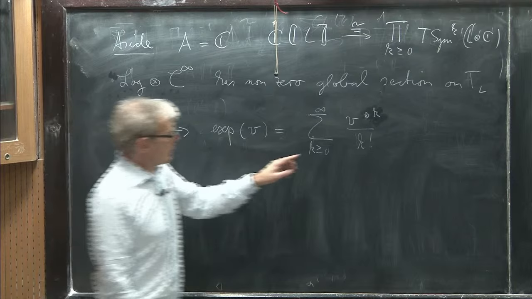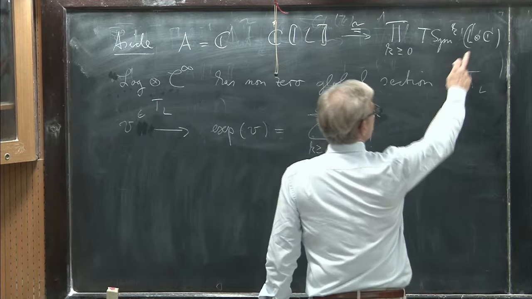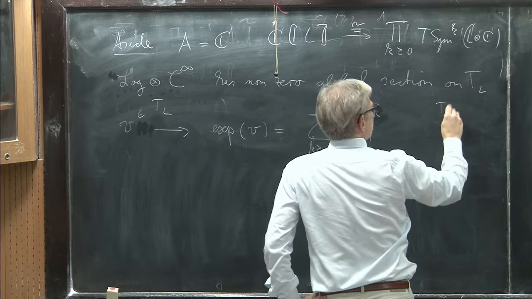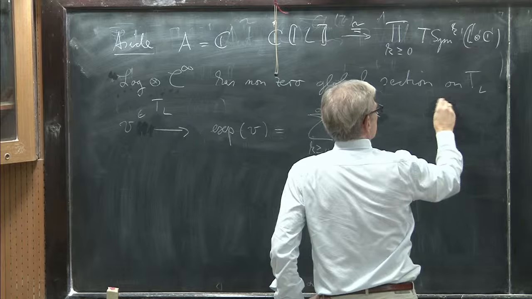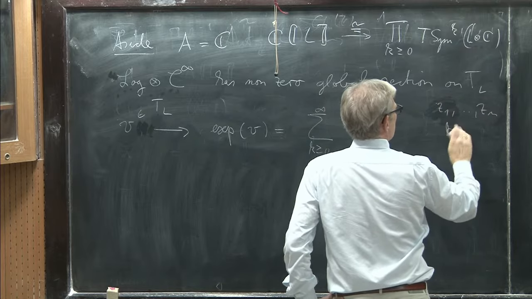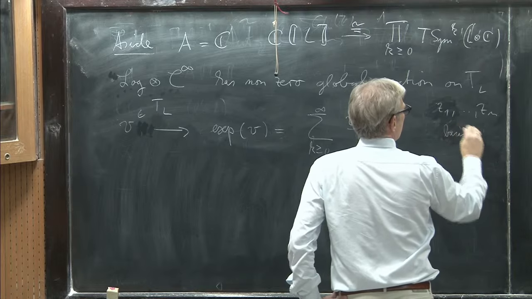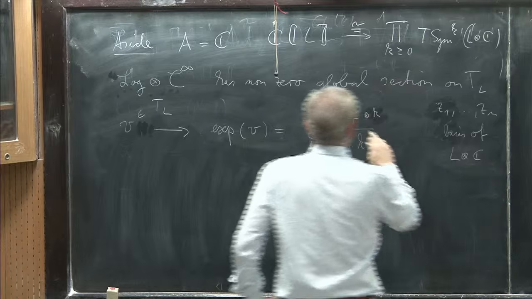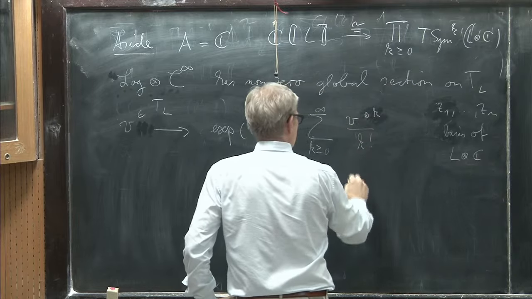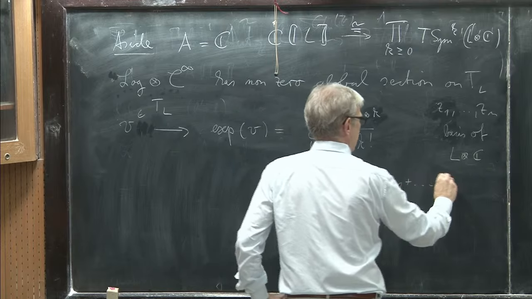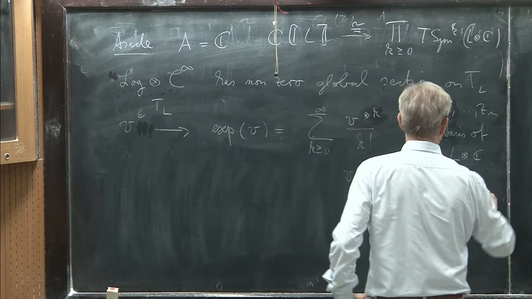And you can see that if you choose a basis Z1 up to Zn of L tensor C, then this V can be written as V1 Z1 plus and so on, Vn Zn.